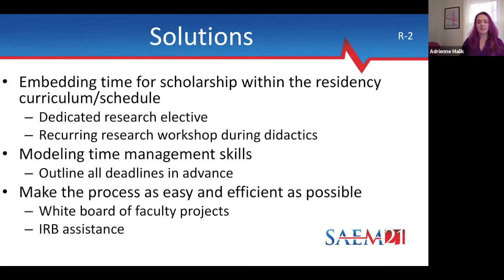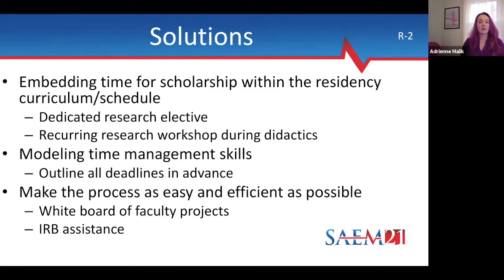Additionally, you want to make the process as easy and efficient as possible for residents. If you're trying to pull them in on some sort of project, you want to make sure that you're providing them with a timeline at the outset of when things are going to be due. It's also helpful if you can kind of show them a long-term timeline for the project so they have an idea of how much time they're going to need to commit to this.